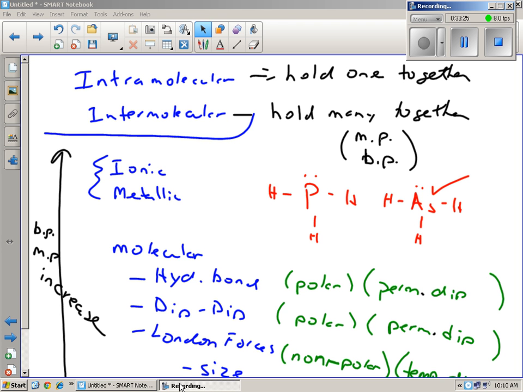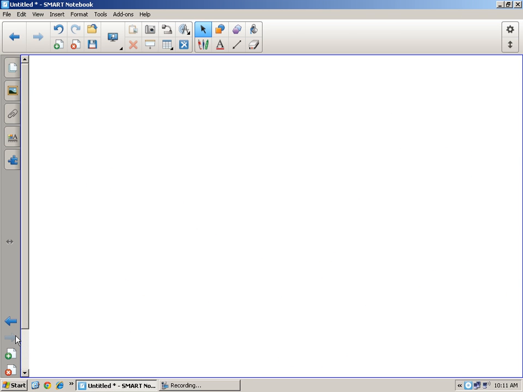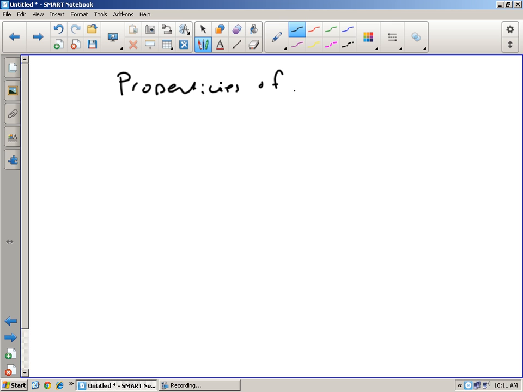Let's see here. I'm just trying to think if there's anything else I forgot. There is probably one other thing that I'll just put on here, and that's properties of metallic, ionic, and molecular compounds.